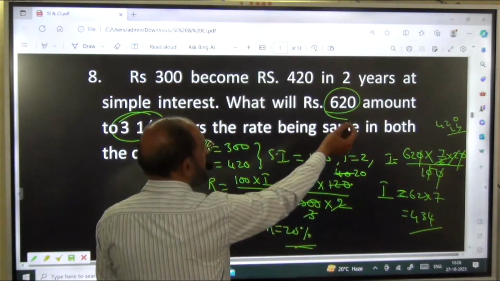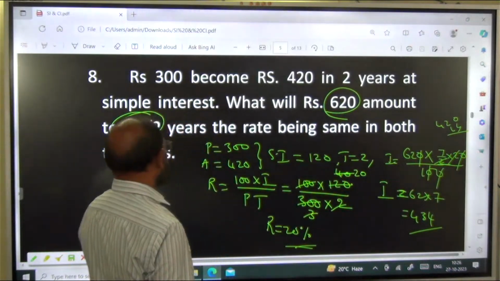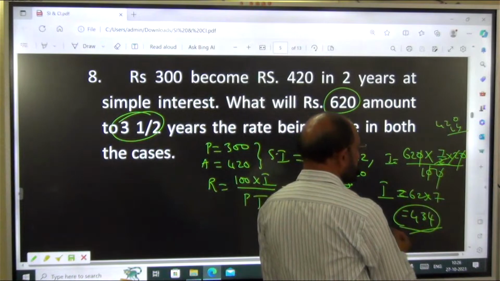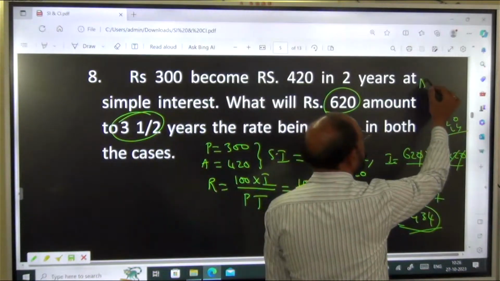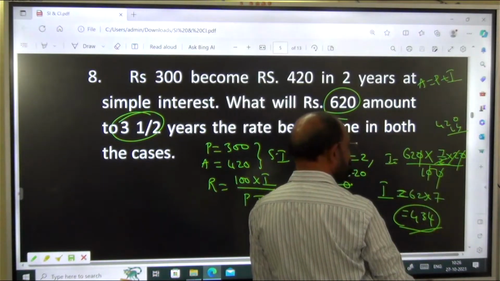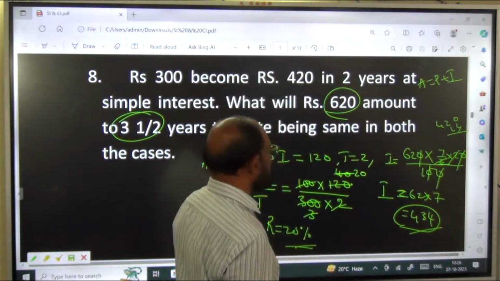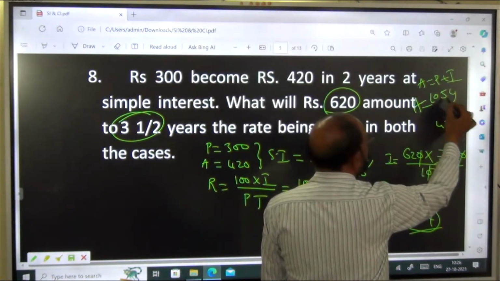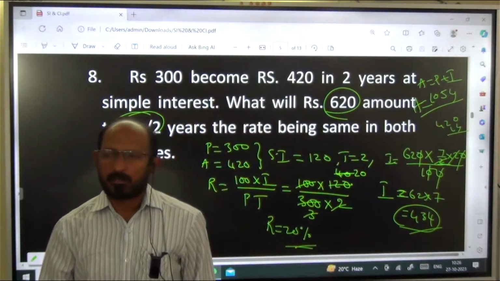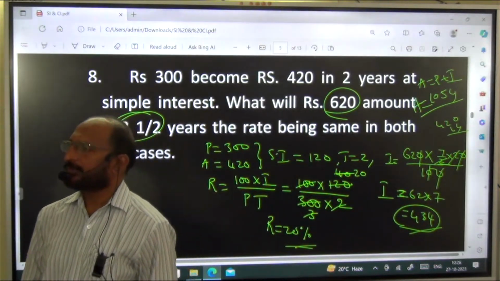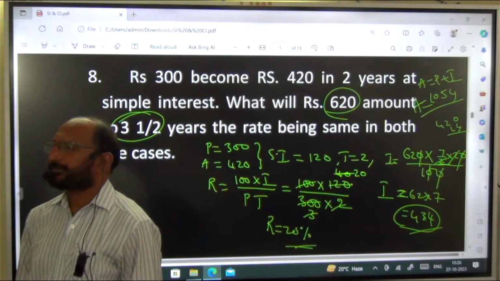We want that amount. What will that amount be in both the cases? If they ask, simple interest is 434, amount is equal to principal plus interest. So 620 plus 434, 1054. 1054 is the total amount after 3.5 years. Okay.